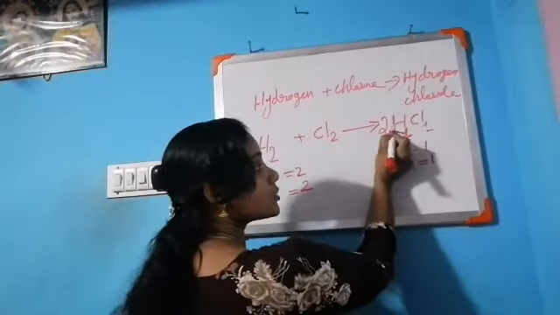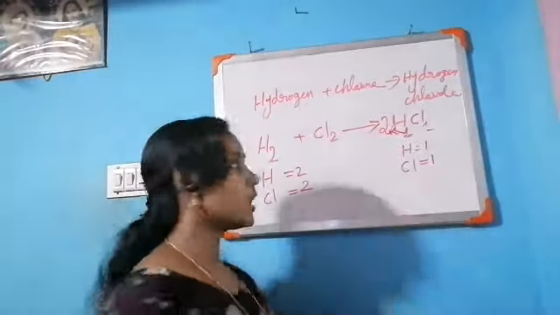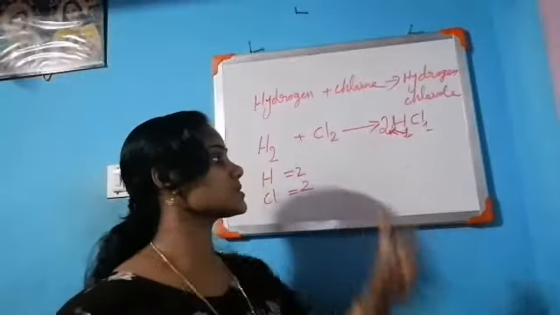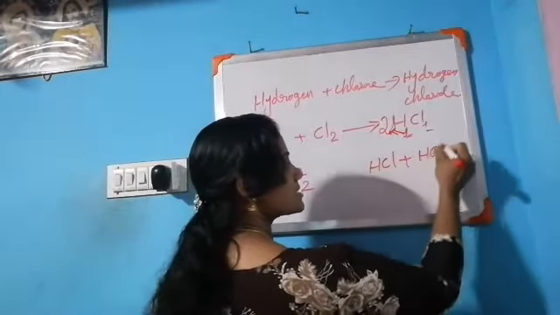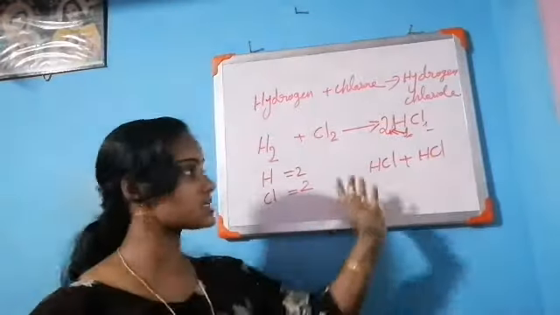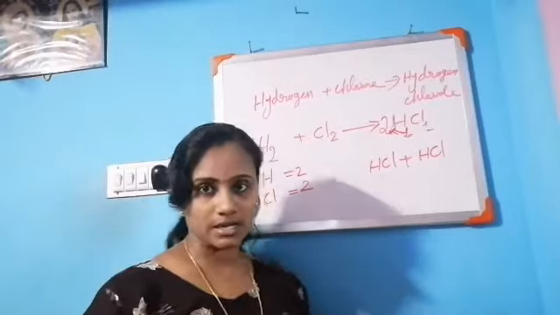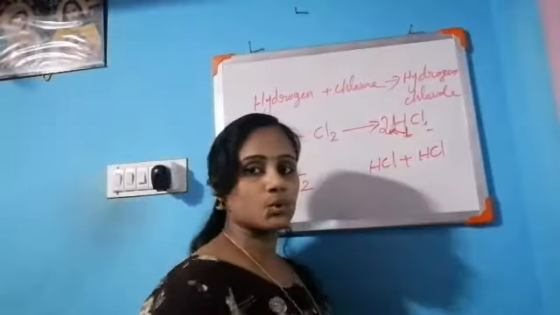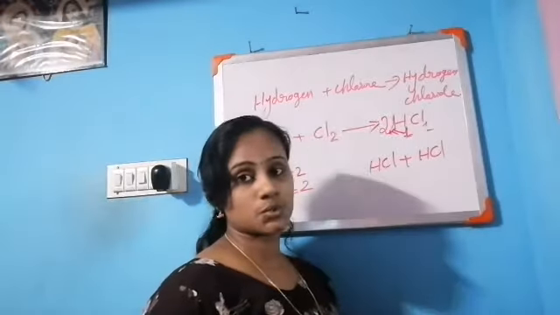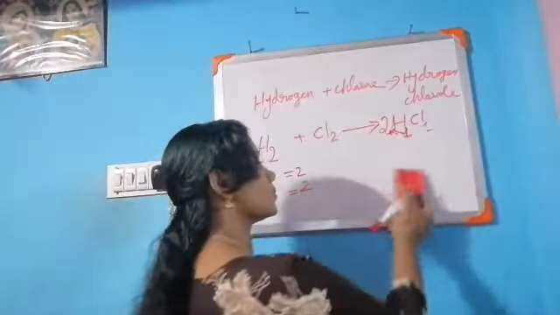This 2 HCl means, how can we explain? 2 HCl means 1 HCl plus 1 HCl, that is equal to 2 HCl. Is it clear? That means 1 into 2, that is equal to 2.